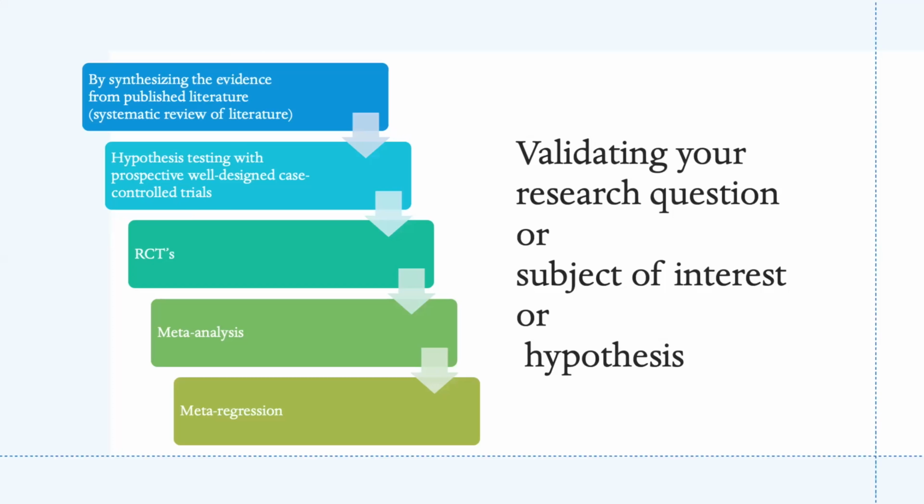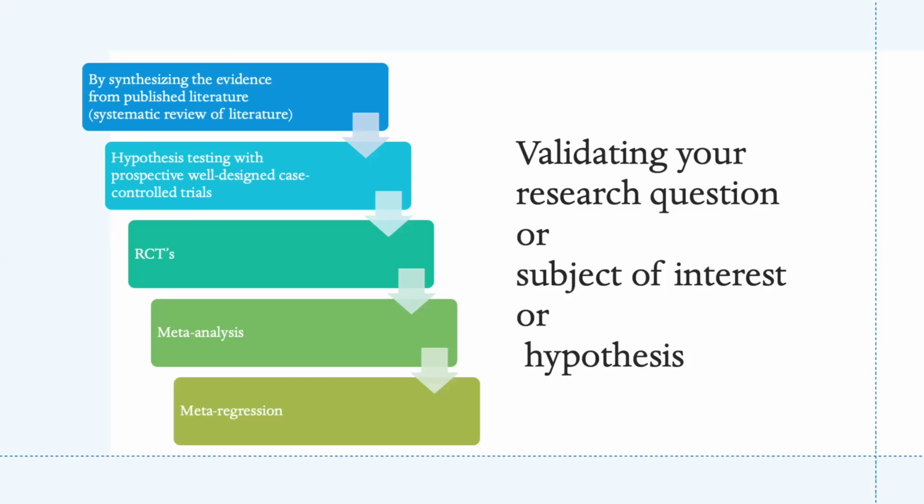So the steps I've written here are: either you simply do a systematic review and validate your research hypothesis, you can conduct a prospective randomized controlled trial, or you can pull up all RCTs in literature and do a meta-analysis, or simply you do a meta-regression of all the published literature. So this is how you validate your hypothesis.